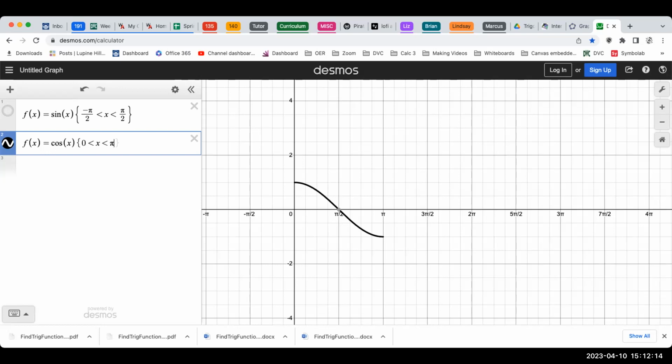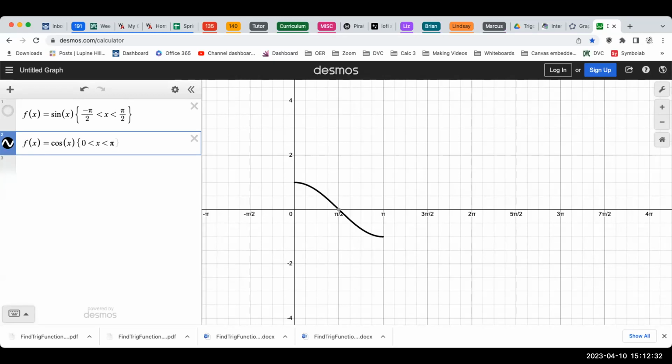Is 2 in the domain? No, so it's undefined. Cosine inverse of -5, not in the domain, it's undefined.